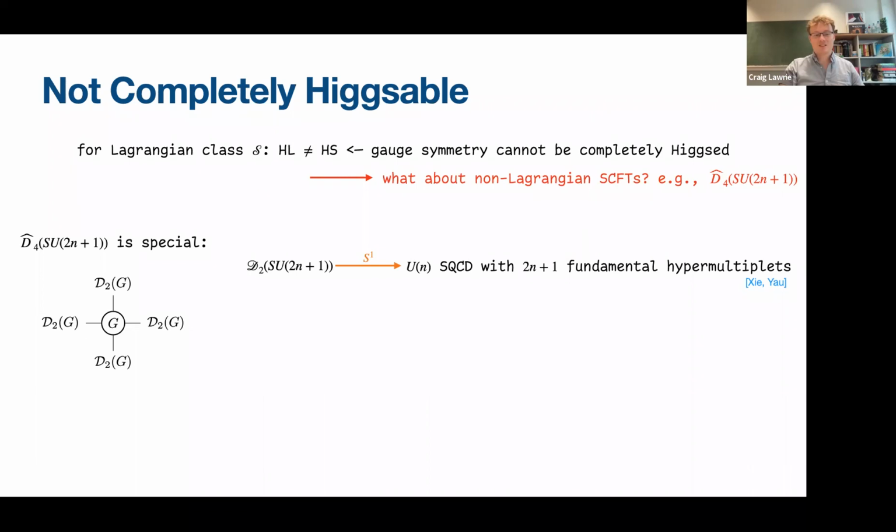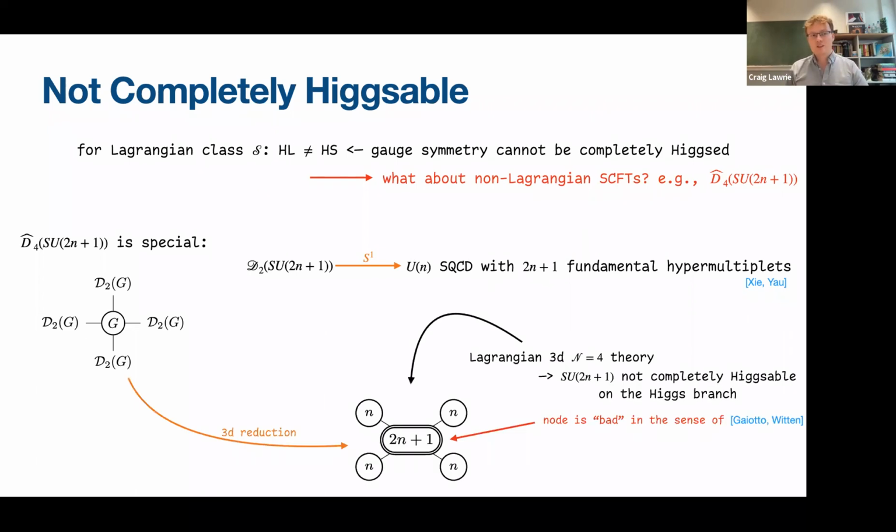So that means that the 3D reduction of this D4-hat SU(2n+1) theory is Lagrangian. And again, now if I look at this Lagrangian 3D theory, I see that the SU(2n+1) is not completely Higgsable on the Higgs branch. Exactly as we just saw in 4D for the SO(2n) SQCD. And this central node is bad in the sense of Gaiotto and Witten.